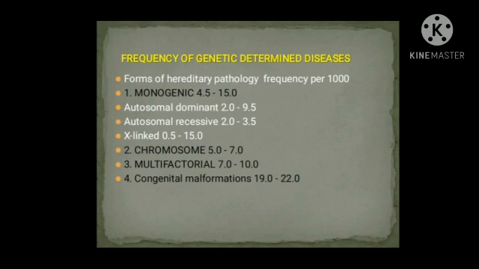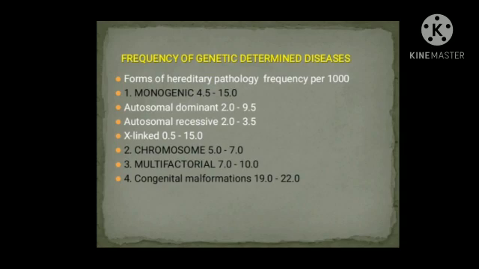For example, if we speak about monogenic, in common it may be 5 to 15 for every 1,000 persons, and includes autosomal dominant from 2 to 10 for every 1,000 newborns, autosomal recessive 2 to 4, and X-linked from 0 to 15 per 1,000 newborn children.